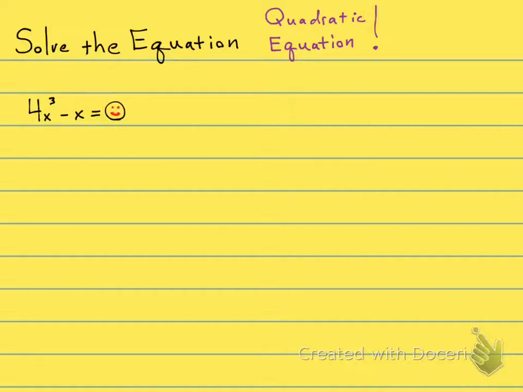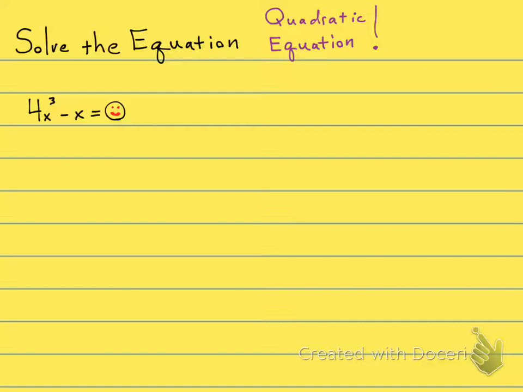Okay, now, the first step of solving a quadratic equation is to make sure it equals 0. Okay, smiley face. And then let's follow our other steps to factor completely. When you factor completely, you make sure that it is in order. X to the third, I don't see any x squareds, and then x to the first, so that's in order. And then the next step is to see, is there a greatest common factor that I can pull out of both of these terms? And there is. It's an x, right?